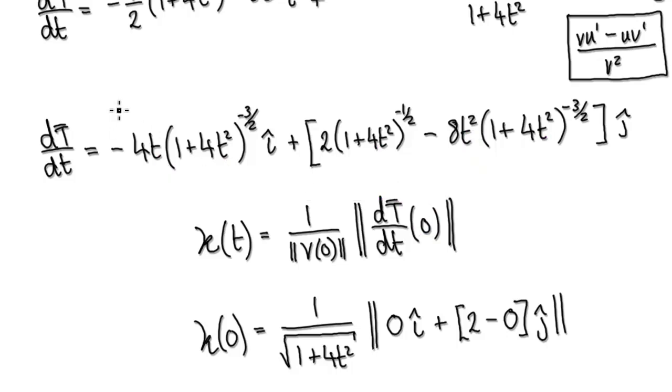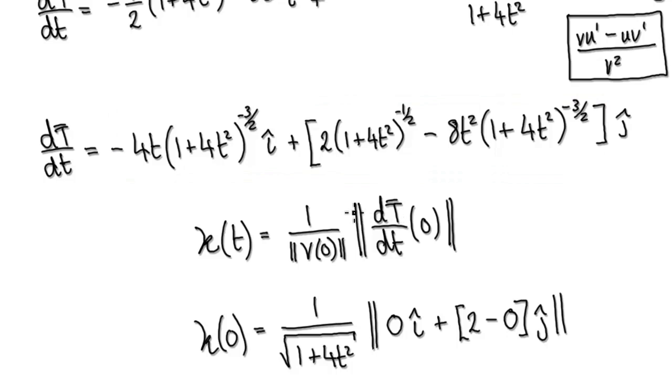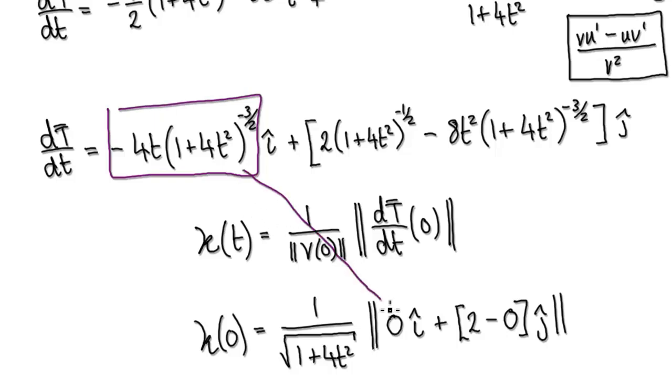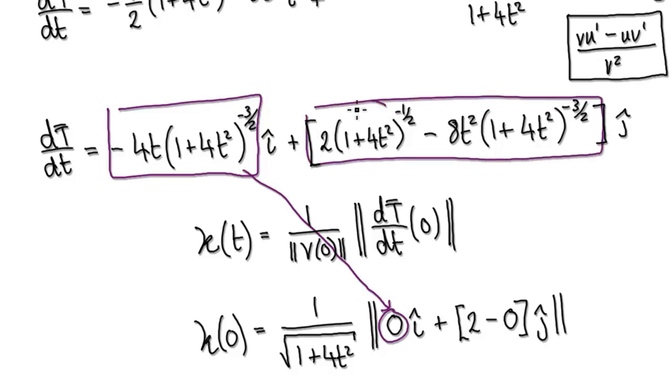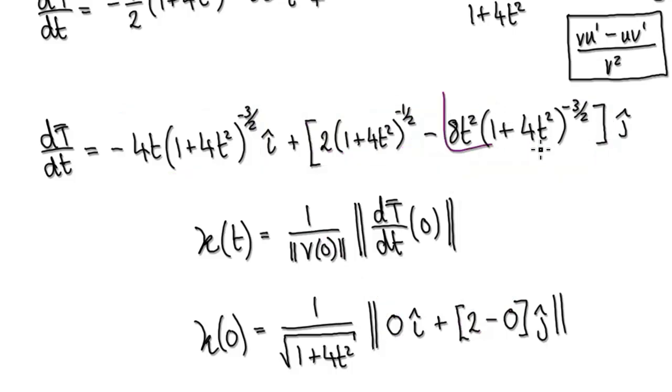So evaluating this thing at t equals 0 would give us, well, this thing here evaluated at 0 would be 0, and then this thing here would be 2, and then this thing here would be 0. Think about it, double check, because let's look at this thing here.